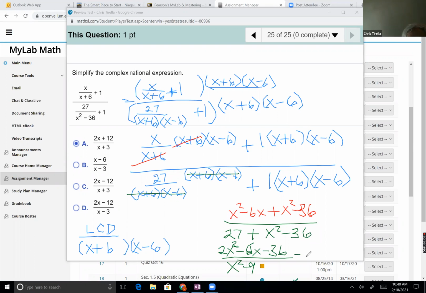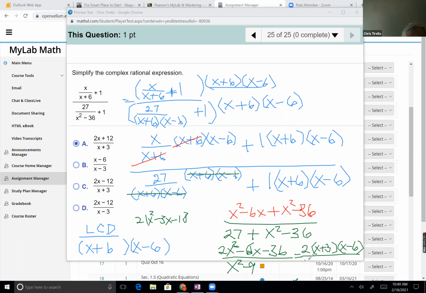I think that numerator is a couple of steps to factor. There's a common factor of 2. And again, I apologize because I've run out of space. That would be 2 times x squared minus 3x minus 18, which would be (x plus 3)(x minus 6).